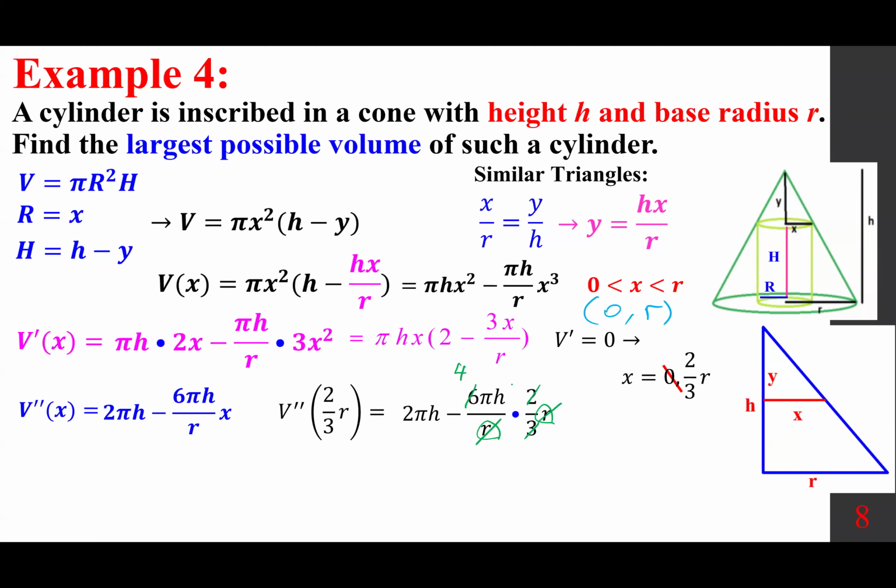The r from the top and the bottom cancel each other. So we have 2 pi h minus 4 pi h, which is negative 2 pi h. And how do we know it's negative? Pi and h are both positive. So that makes it negative. Negative means concave down, means maximum at x equals 2/3 r.